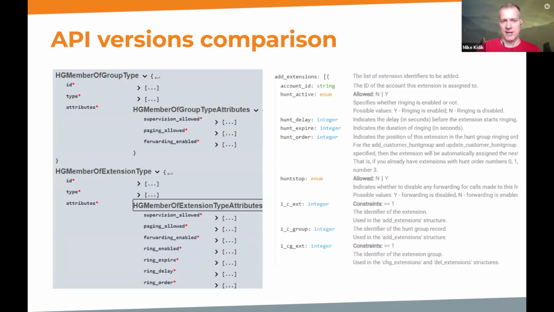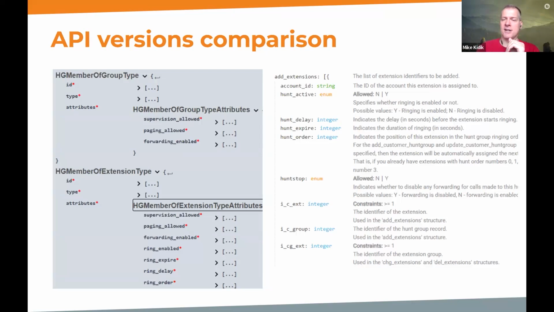It's either a specific hunt group that you are adding with corresponding attributes, or a specific extension or a list of extensions with corresponding attributes when they are added to the hunt group. I think it's very straightforward. It's simple to understand. Anybody who dealt with hunt groups in a PBX should understand how to do it, right?